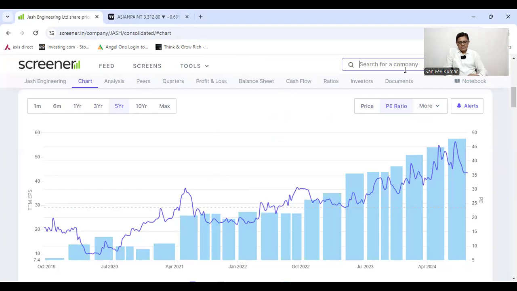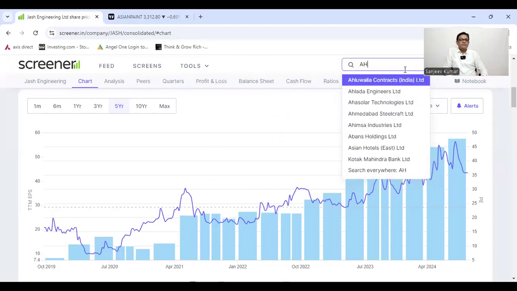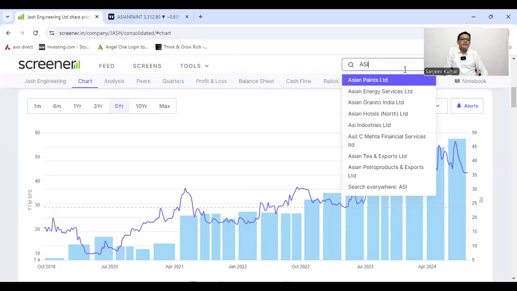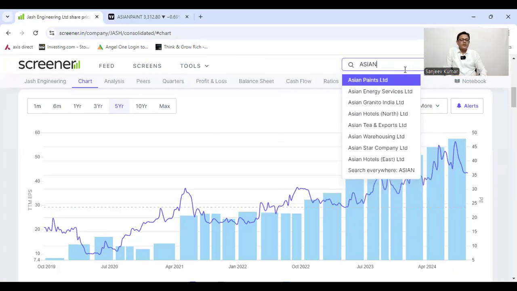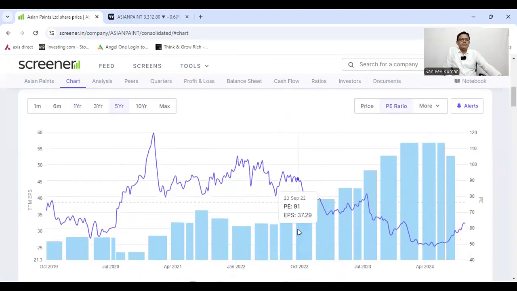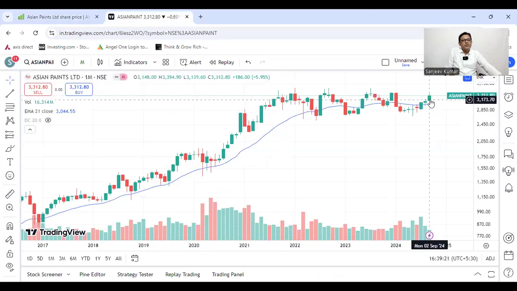And in screener.in, for Asian Paints, you can see the chart, PE ratio. EPS is growing, but share price is not growing.